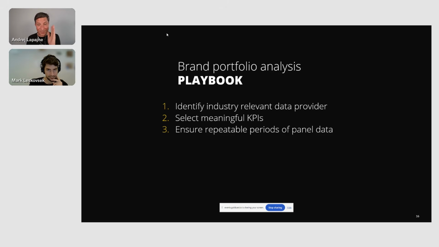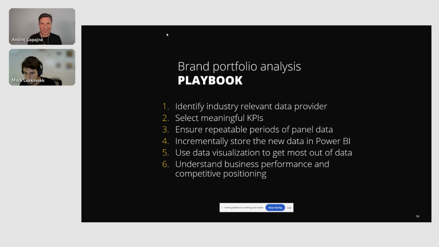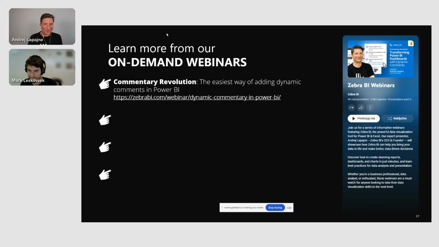Load everything in repeatable periods into Power BI incrementally, and then use data visualization, especially small multiples, tables with visual columns and commentary to get the most out of your data, so that people will start using this for the most meaningful decisions in your company, and act upon it. That's how you make it actionable, and that's how you create value from your dashboards.